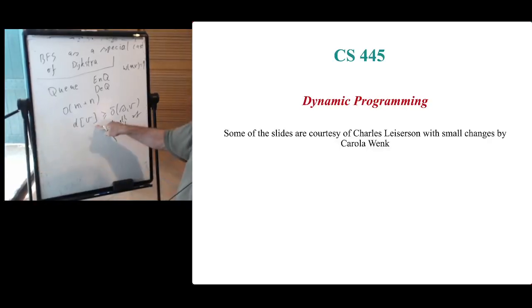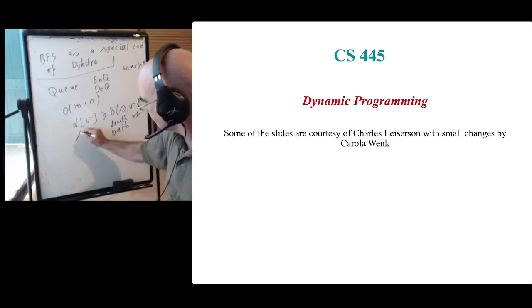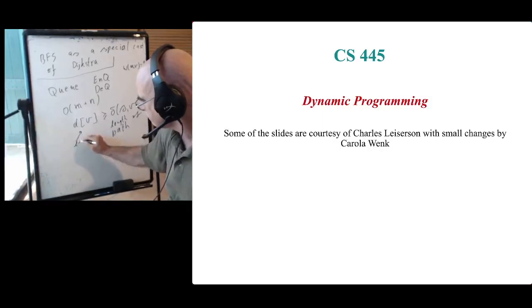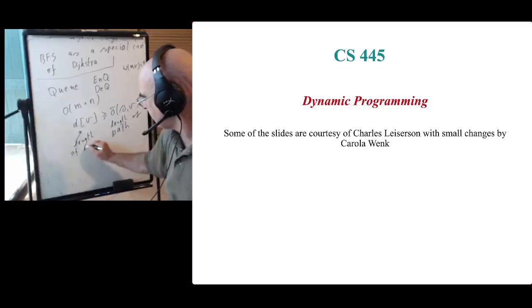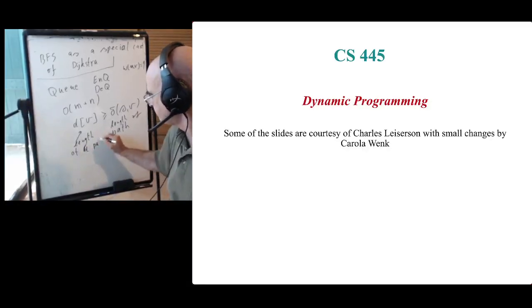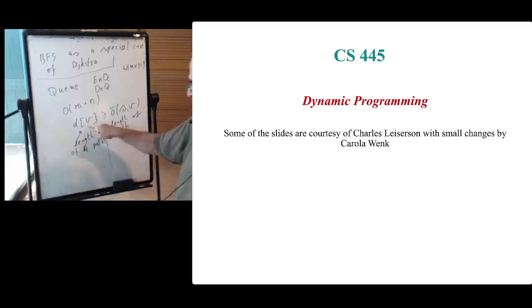And d of v, quite easy to convince yourself, is the length of a path, not necessarily the shortest one, so it's quite obvious that the shortest path from s to v is smaller than that length.